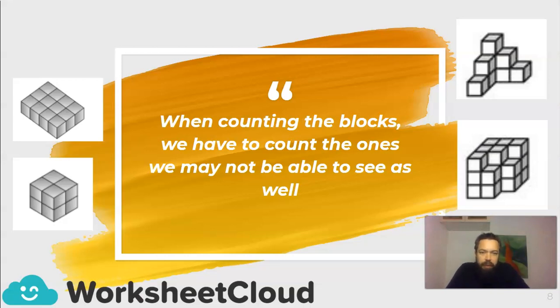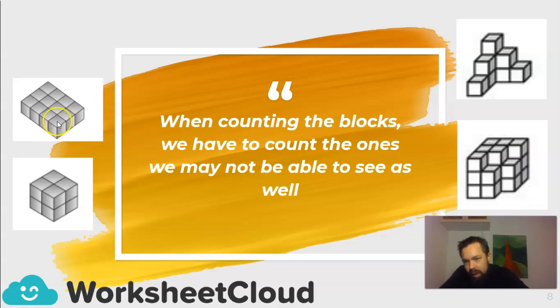This is the way that we're going to do it for now, the volume that I'm talking about. So when counting the blocks, we have to count the ones we may not be able to see as well. So I'll start with the ones on the left, for example. It's probably easier to do this on the whiteboard, but I'll start over here. So this corner block here, this face and this face or side and this side are all part of the same block.